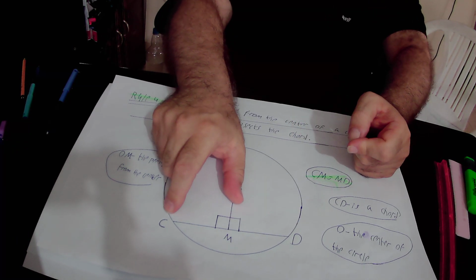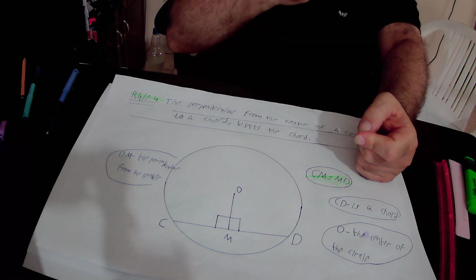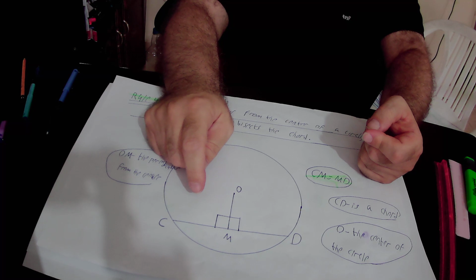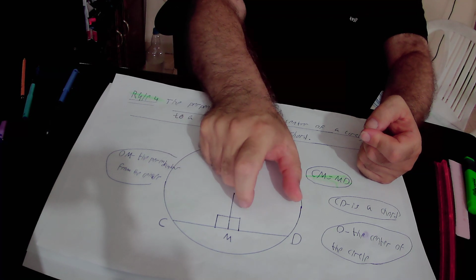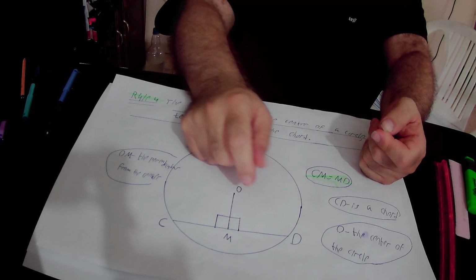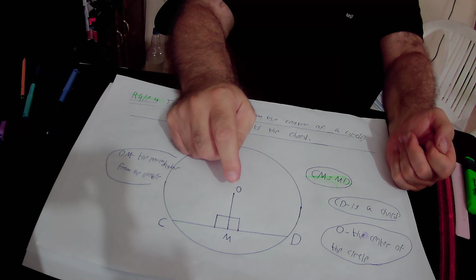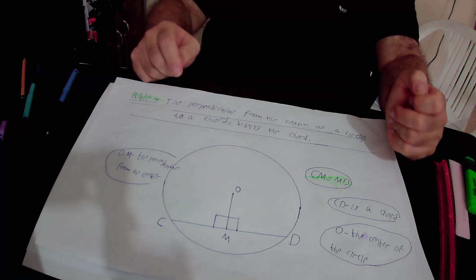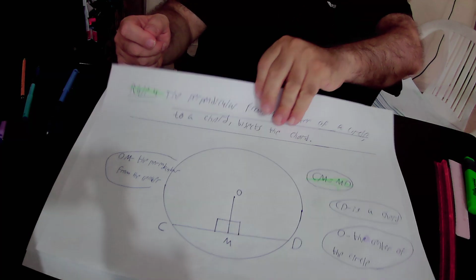That is to say, CM equals MD. And we also know that CM equals CD over 2 and MD also equals CD over 2. Why? Because chord CD has been bisected into two halves. Each half equals CD over 2. So we can implement rule number 4 in our drawing.